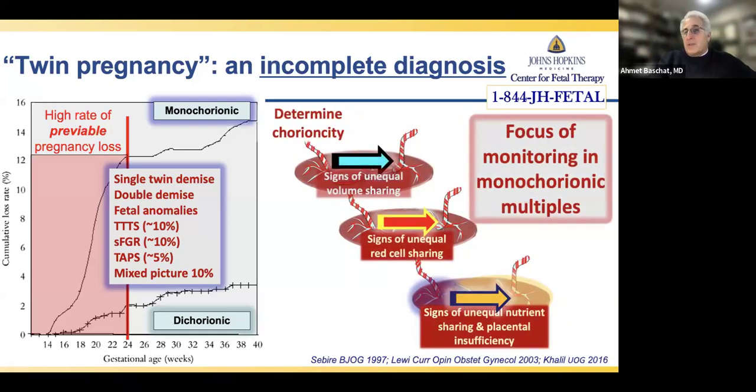So the focus of monitoring monochorionic multiples is, number one, determine the chorionicity. And once you know a pregnancy is monochorionic, then do monitoring for signs of unequal volume sharing, red cell sharing, nutrient sharing, or placental insufficiency.